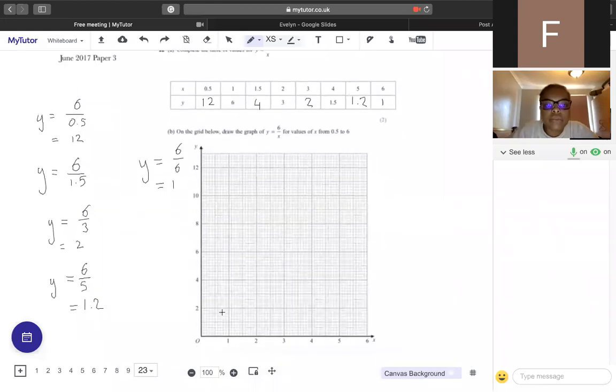So the first one is 0.5, 12, which is over here. Then you have 1, 6. Then you have 1.5, 4.